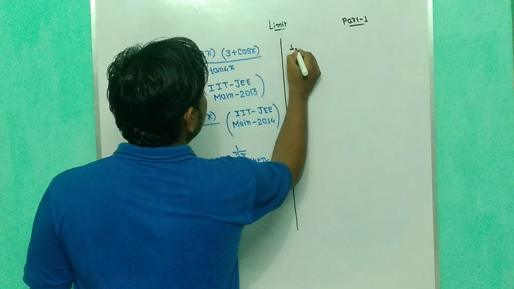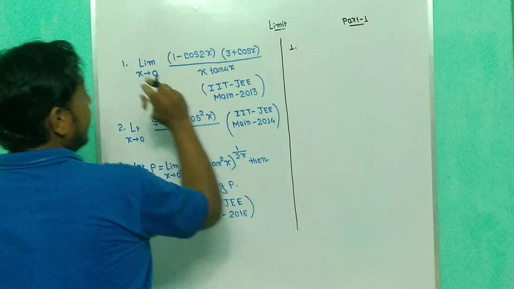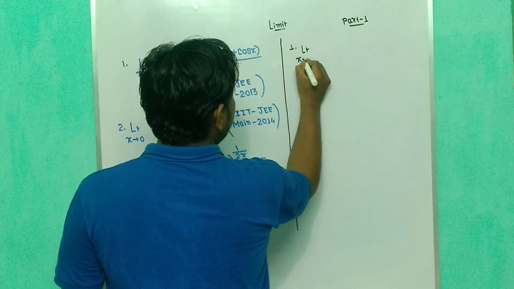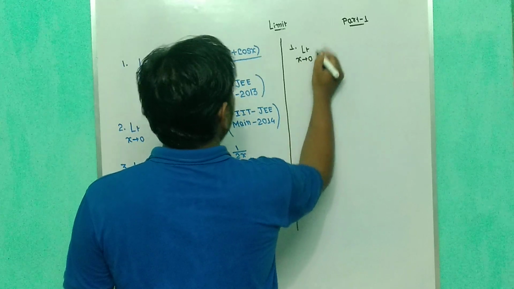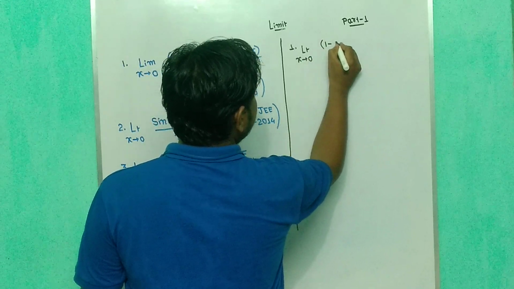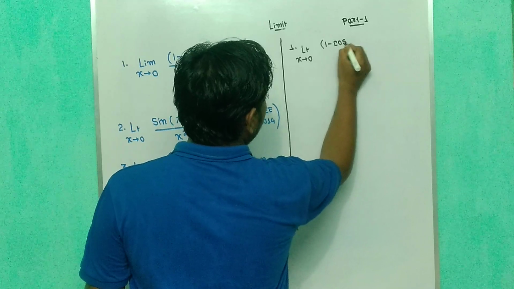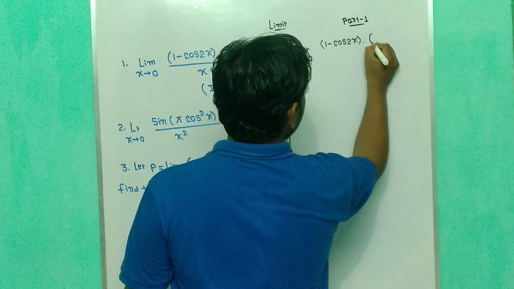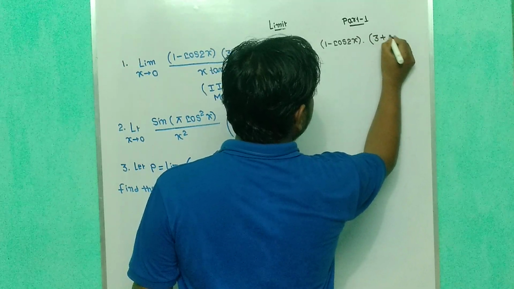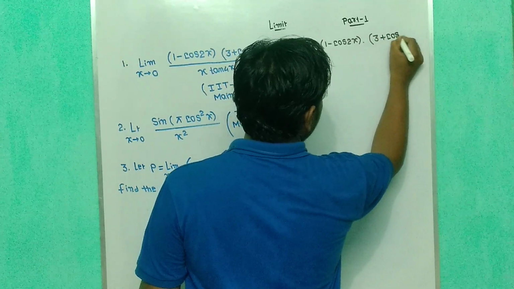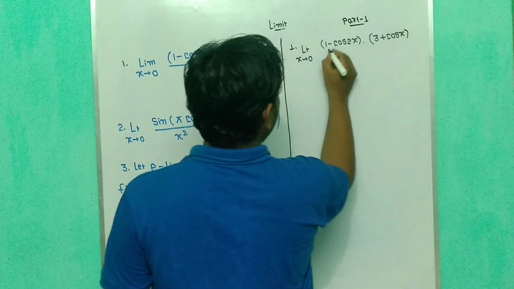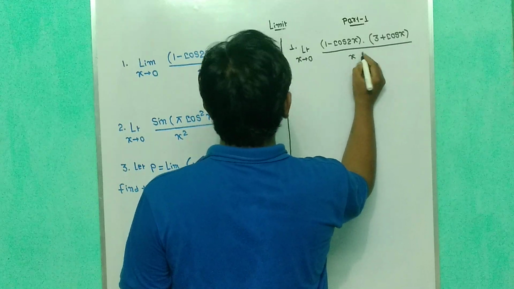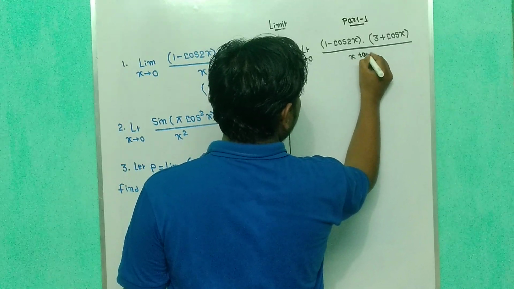So see, I am writing the expression at first. Limit x tends to 0, (1 minus cos 2x) into (3 plus cos x) divided by x into tan 4x.